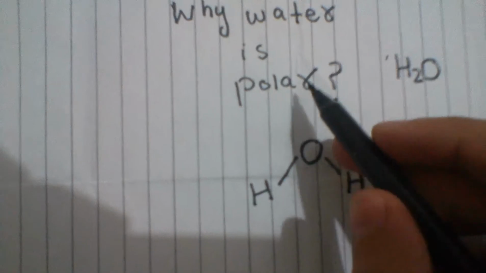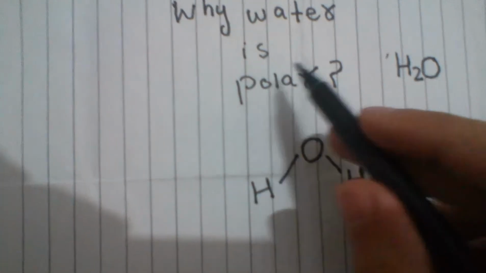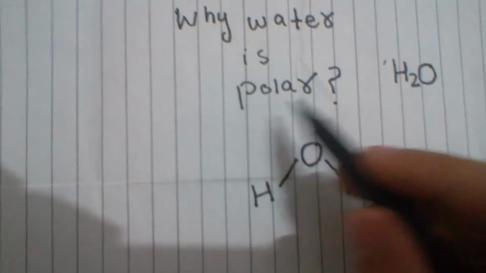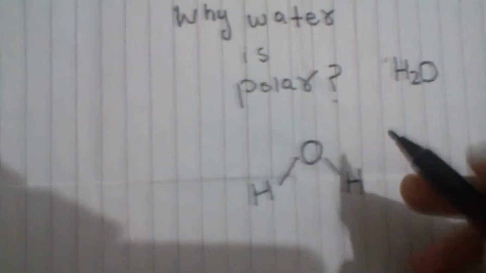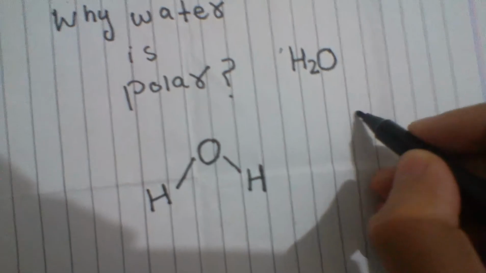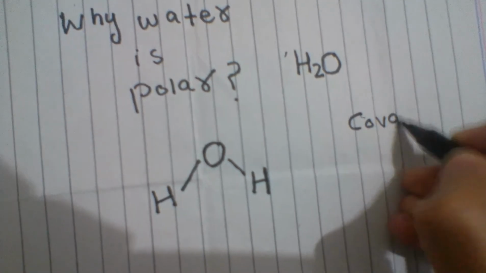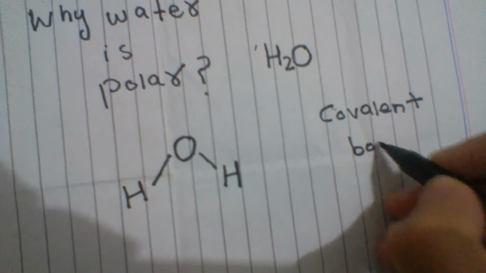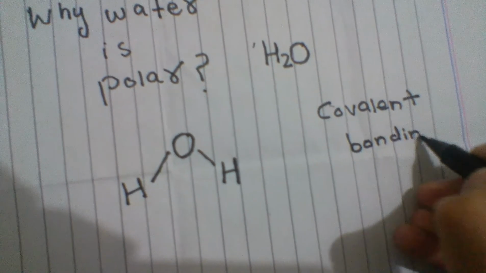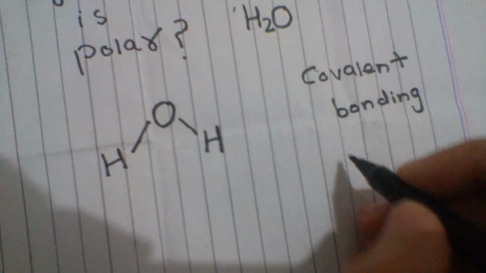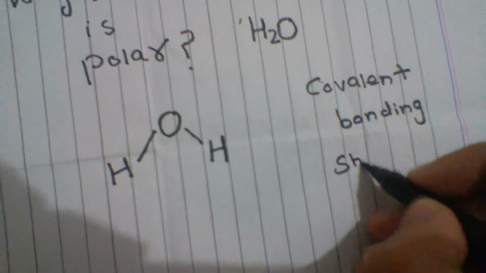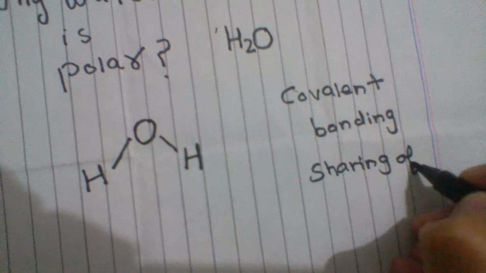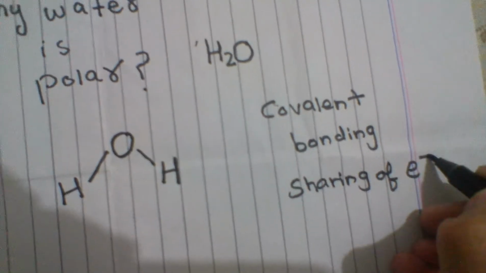Now the concept of polarity comes in covalent compounds, where covalent bonding is involved. And what we know about covalent bonding is that there is involvement of sharing of electrons.